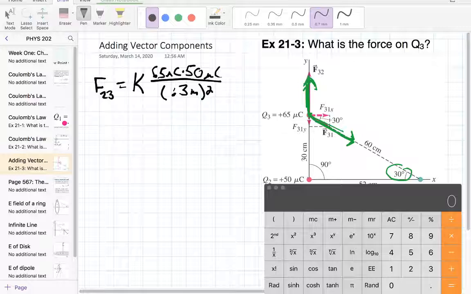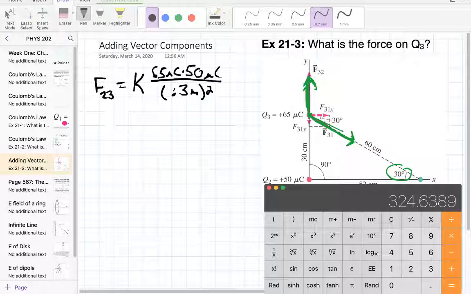Okay, so if we calculate this force, that's 50 microcoulombs, so 50 times 10 to the negative 6, times 65 microcoulombs, 65 times 10 to the negative 6, divided by 0.3 squared, times this electrical constant, which is 8.99 times 10 to the 9th.